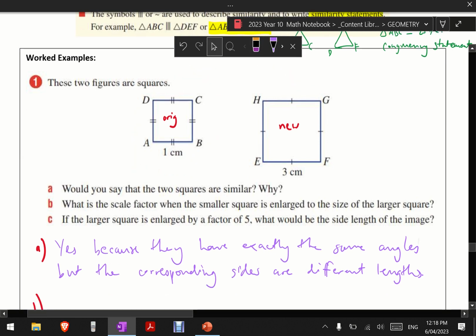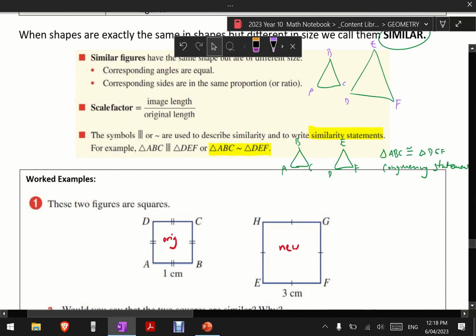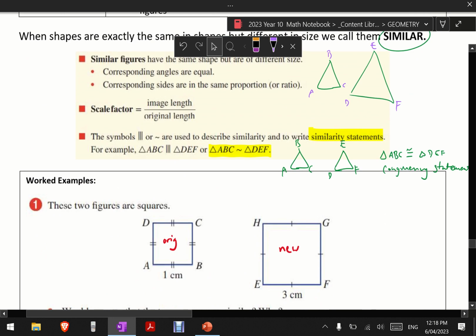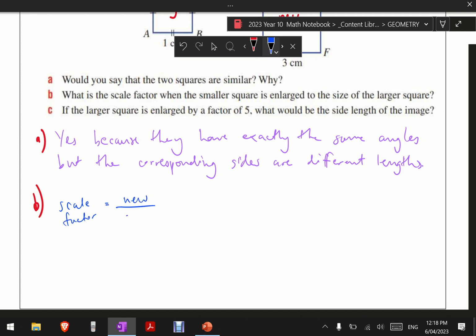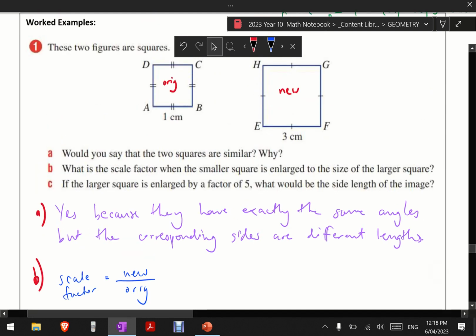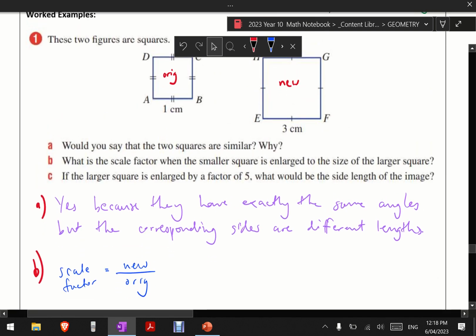By how much? The scale factor rule says it's the image length divided by the original length. I like to write it as scale factor equals new divided by original. When I say new divided by original, you have to look at the corresponding sides of the new shape and the original shape.